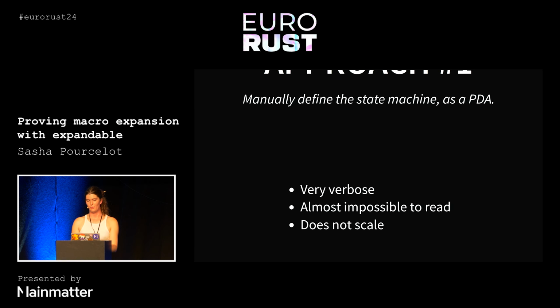This worked very well for a very limited subset of the Rust grammar, but as you can see, this was extremely verbose, and the end result was almost impossible to read. So naturally, this just doesn't scale to the whole Rust grammar.